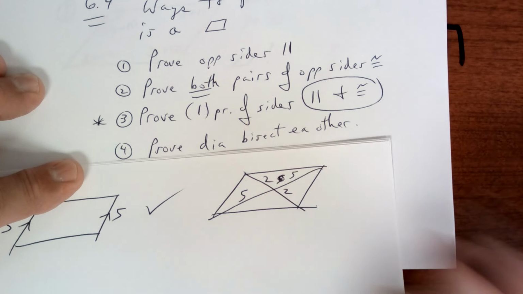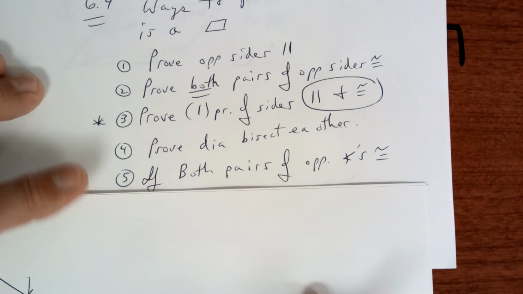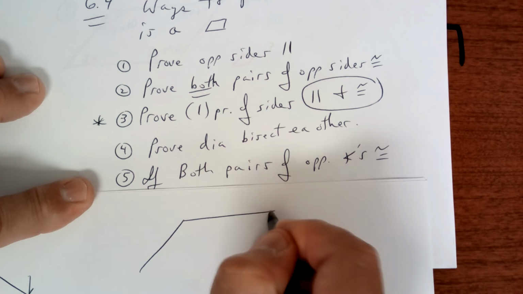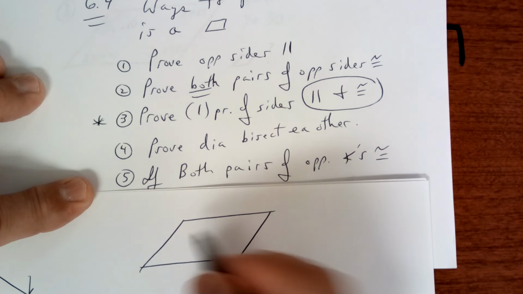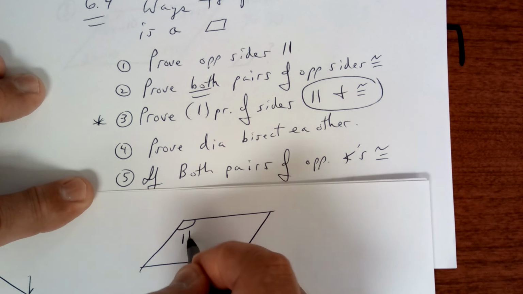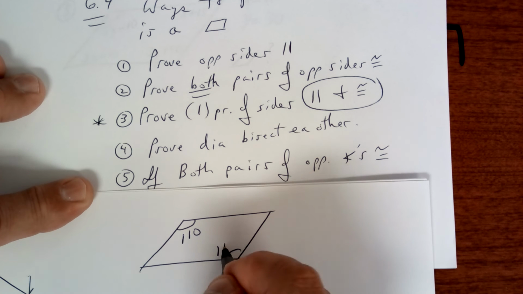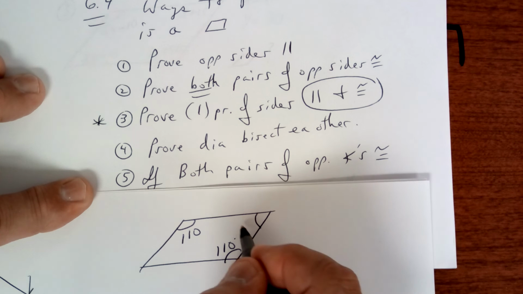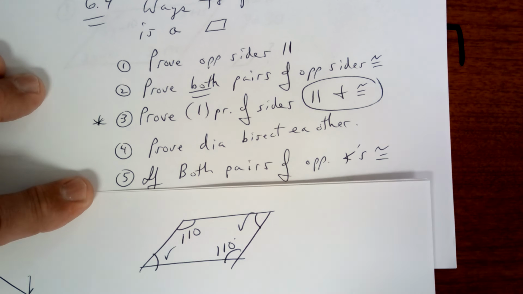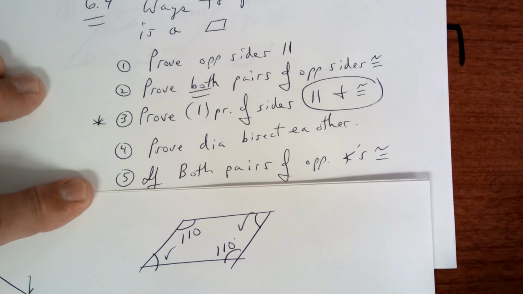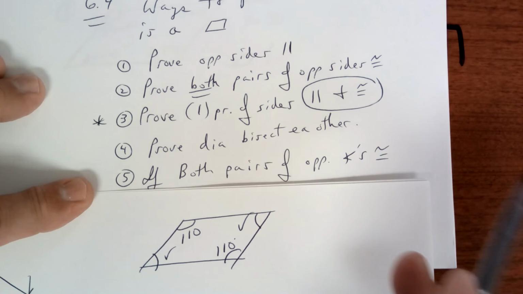And then finally, if you can show that both pairs of opposite angles are congruent, so this one is equal to this one, and if you can show this one is equal to this one, then yes, it's a parallelogram. All right, so this is, again, ways to prove quadrilaterals.